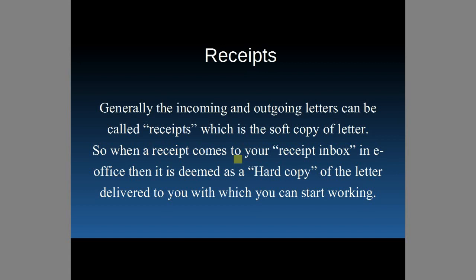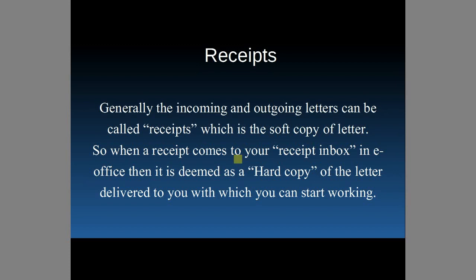Previously, what we would do is file those letters into the existing file. We will just tie that one. But now in Eoffice, all those letters will be called receipts. So the letters which are coming in from other departments or other offices to your office are called a receipt.